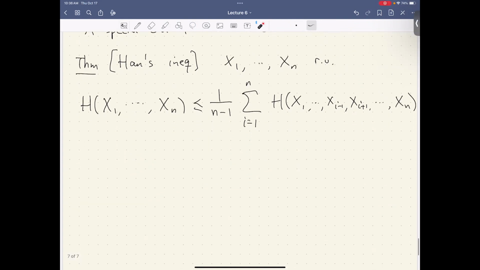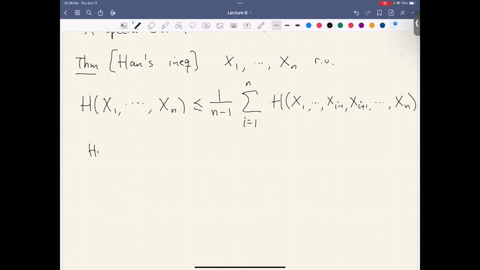So hypercube, we know what a hypercube is.